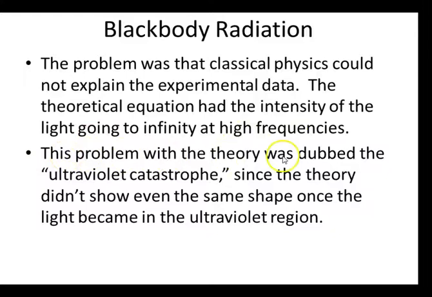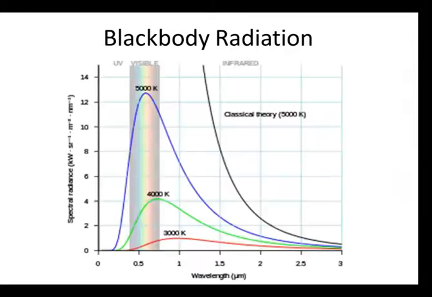So the problem with this theory was given the name the ultraviolet catastrophe, basically saying that our whole knowledge of physics is not working at all up in the ultraviolet region, where the graph should come back down. It's going up to infinity in the ultraviolet.